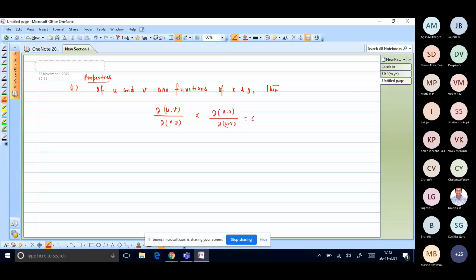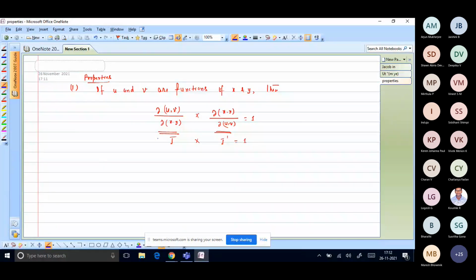Let us denote the first by J and the second by J dash. So it says that J into J dash equals 1. It is simple to prove this property, so let's start the proof.